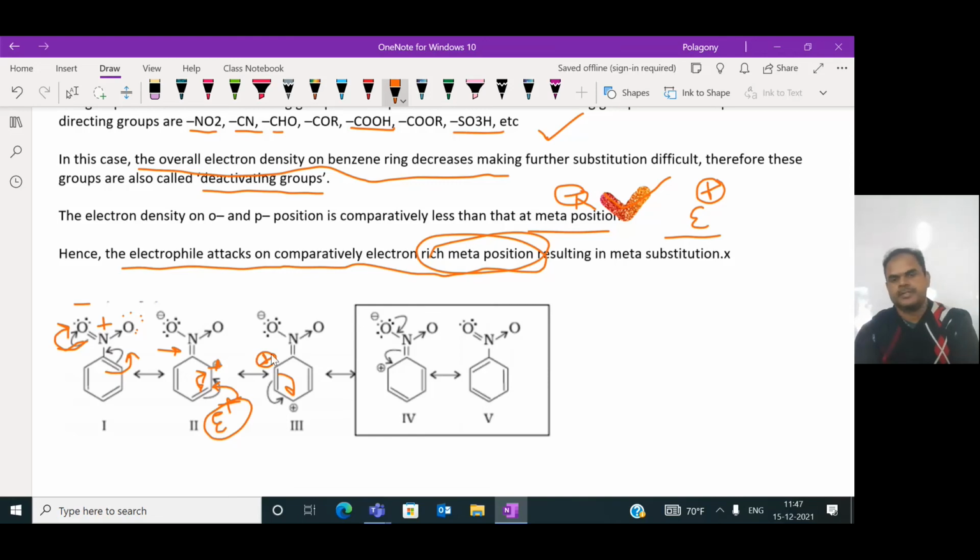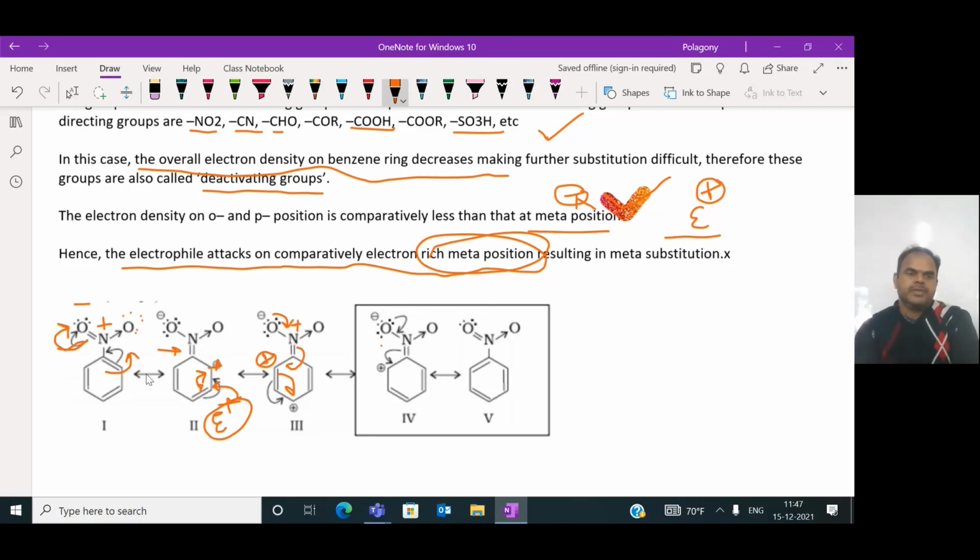Here is the positive charge. Again the pi bond present outside will come into the ring. Then nitrogen gets the positive charge here, oxygen gets the negative charge, meaning electrons come back. Then we get the normal structure. So electrons are again coming back, this pi bond will move back, and we get the normal structure.